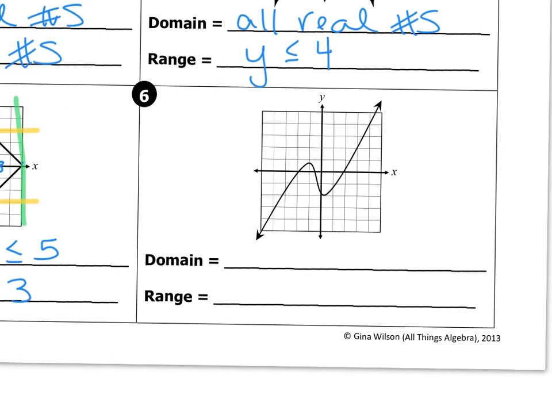Okay, number 6. If we look closely at number 6, first off, we can see that there are no walls. It's going to go forever to the left and right. So that is all real numbers. A common mistake is that people think, oh, I have a floor and a ceiling here, but if we look, our graph extends lower than this, and it goes above this.